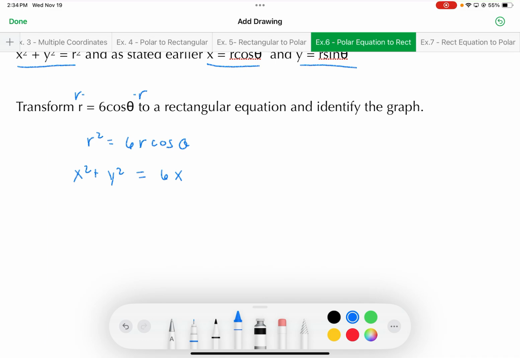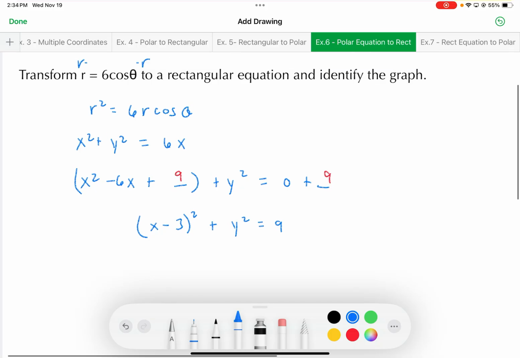Now I'm technically in rectangular form, although that doesn't mean too much to me. So I'm going to algebraically manipulate this. I'm going to subtract the 6x over, set up a blank for completing the square. 9 is what completes the square. I can factor. I've got x minus 3 squared added with y squared equals 9. Does that look familiar?